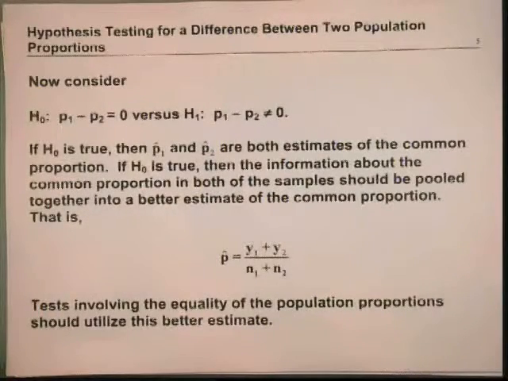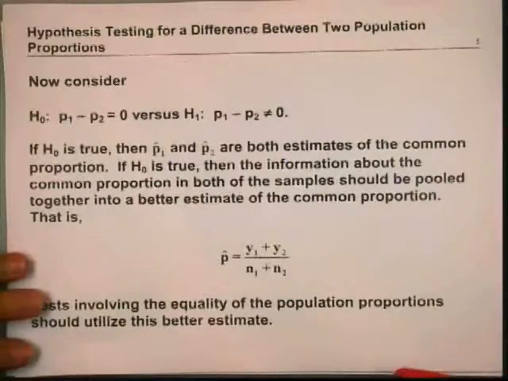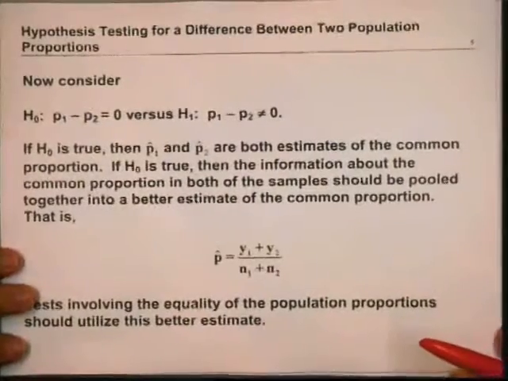Okay, so like before, we said we're going to let H naught be true everywhere we possibly can. So that happens in the T statistics with mu naught in those formulas. That happens in the Z score that we compute for a test of a single proportion, that we put the P naught value in the variance expression.